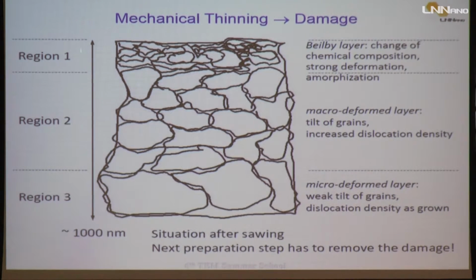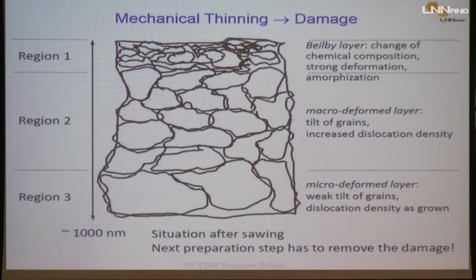You have your material, it may be divided in three different regions. The first one is where it was in contact with the abrasives. You have complete change of chemical composition and a lot of deformation of material and amorphization of the surface of the material.